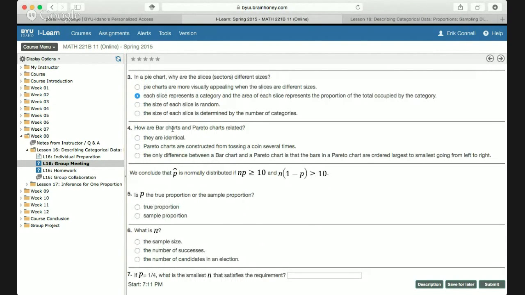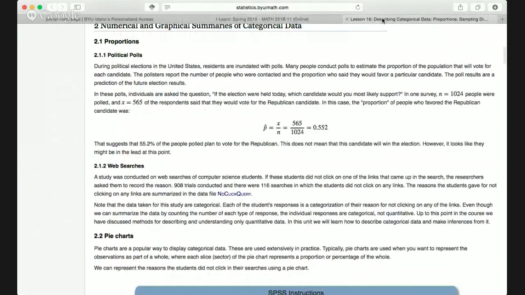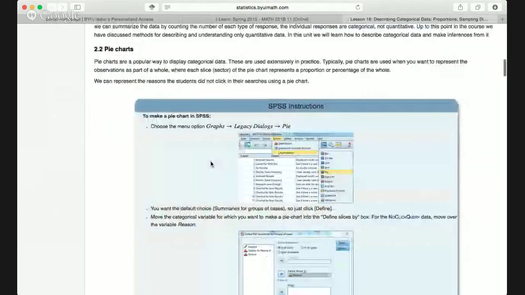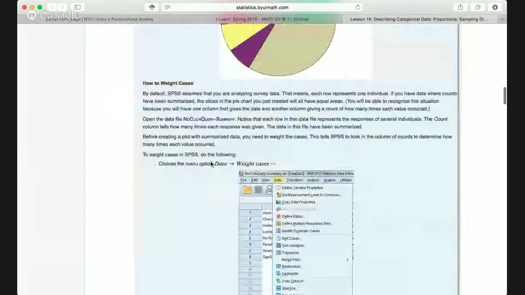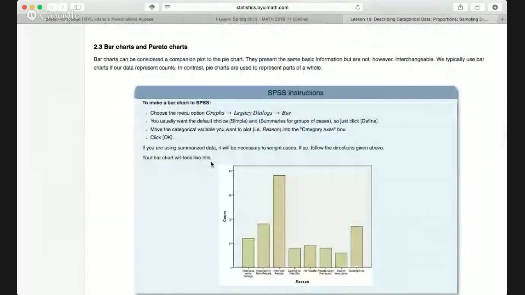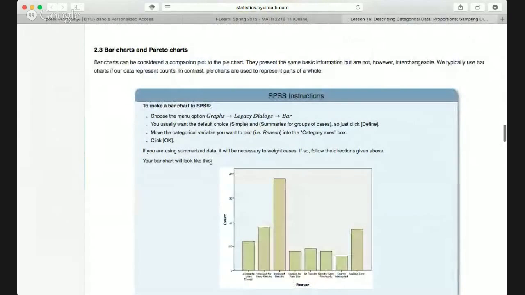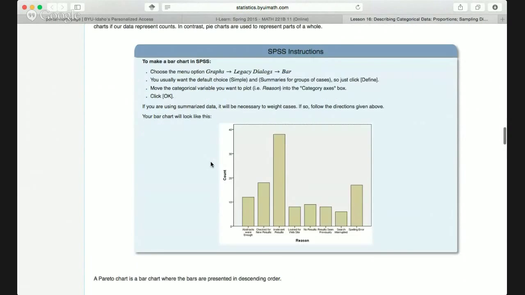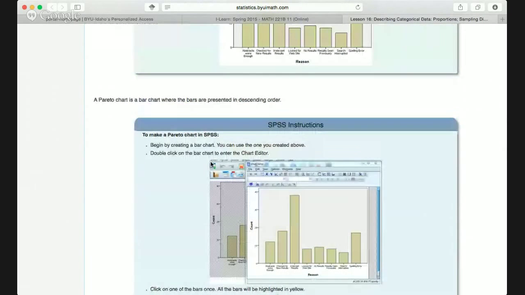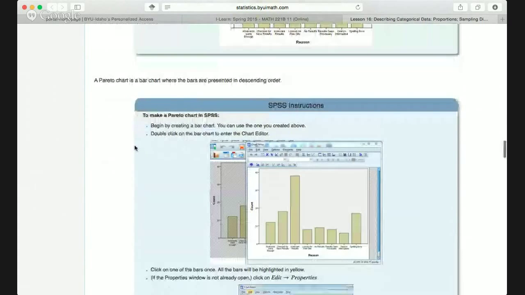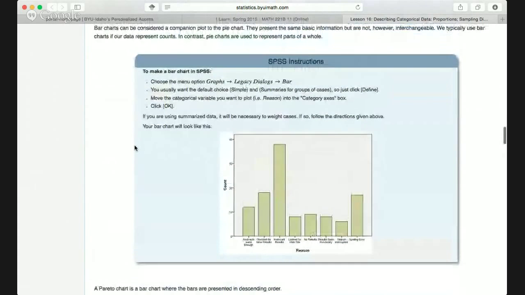Okay, number 4. How are bar charts and Pareto charts related? What is a Pareto chart? Okay, let's see here. Pareto charts.